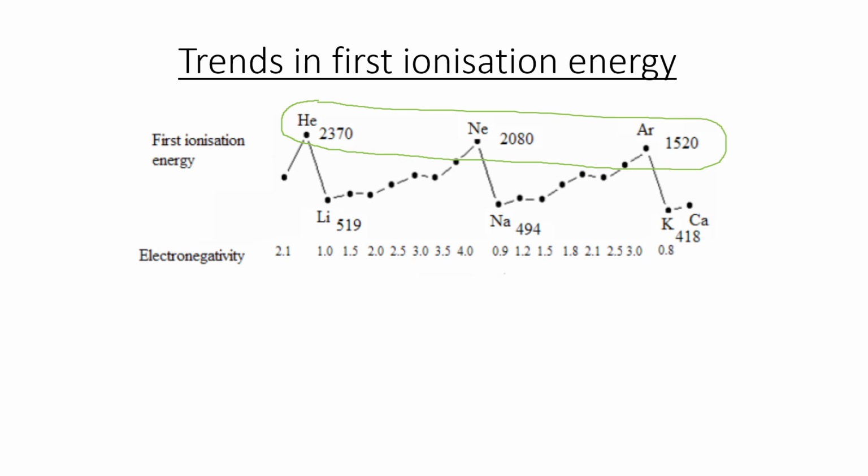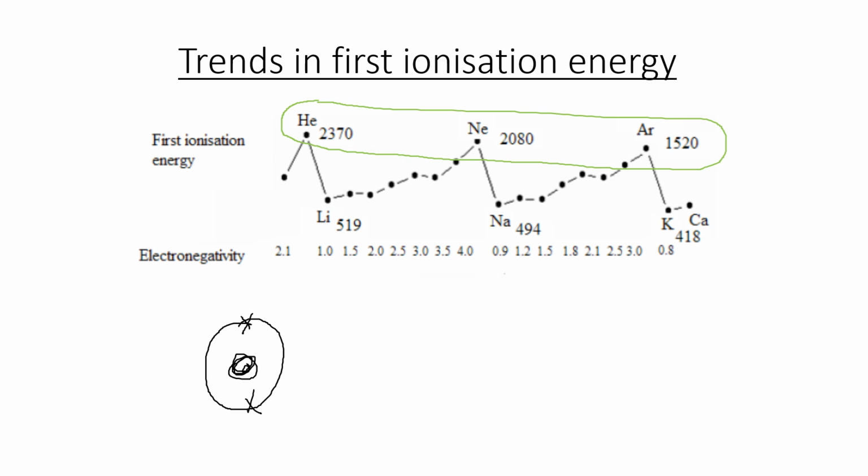So if we think of what helium looks like, helium has just got two electrons, so you've got the nucleus here, and then you've got the outer shell electrons, 1, 2. And there's no electrons in between the nucleus and the outer shell, so there's no shielding. So the nucleus has full access to these electrons to hold on to them.